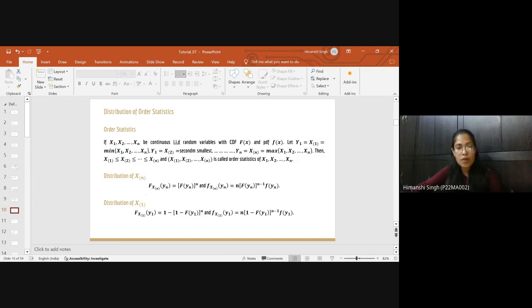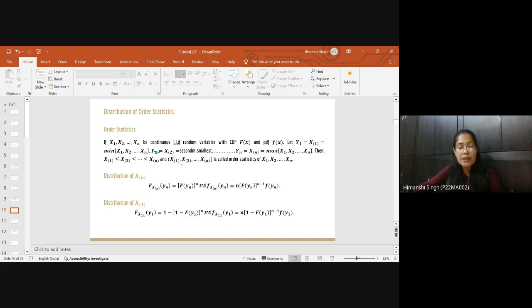So it is the minimum of x1, x2, xn. Then y2 is the second smallest, y3 is the third smallest, and yn is nothing but the largest of all of them. So we get that x(1) is less than or equal to x(2), less than or equal to x(n). Then we call x(1), x(2), x(n) the ordered statistics.